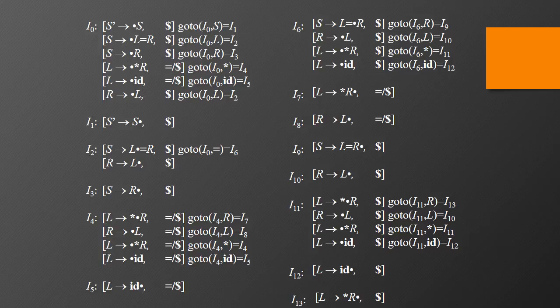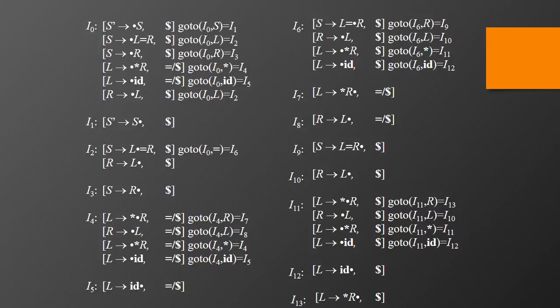I4 comma L will obviously become I8. I4 comma star will become I4. I4 comma ID will become I5. So item 5 will contain L gives ID dot comma equal to hyphen dollar.